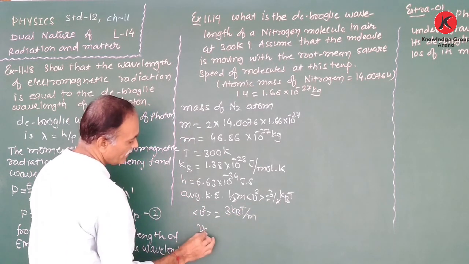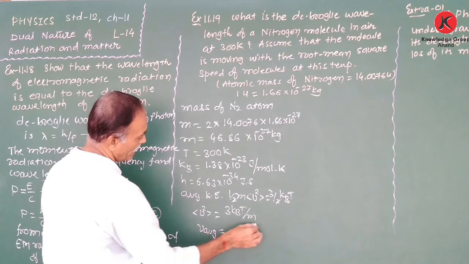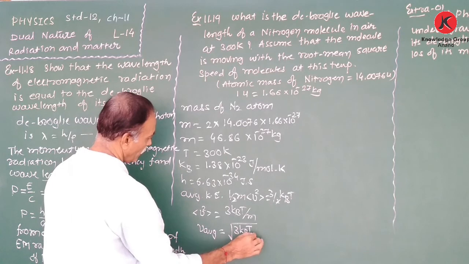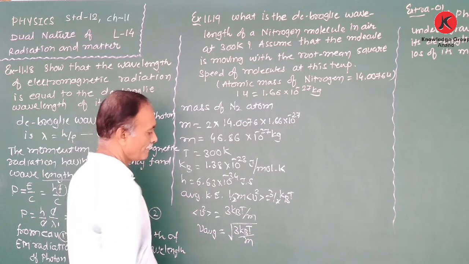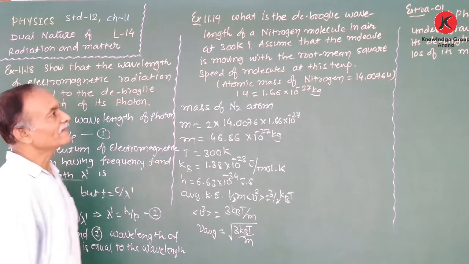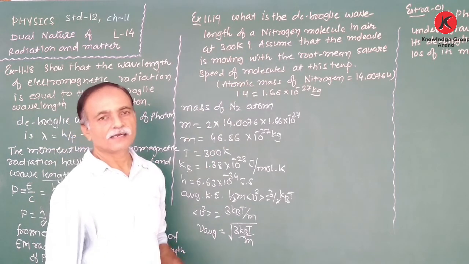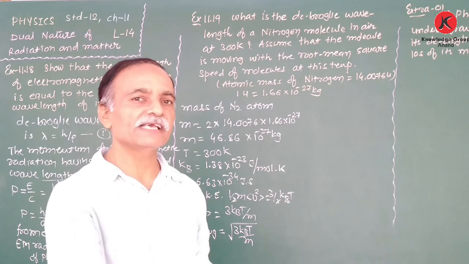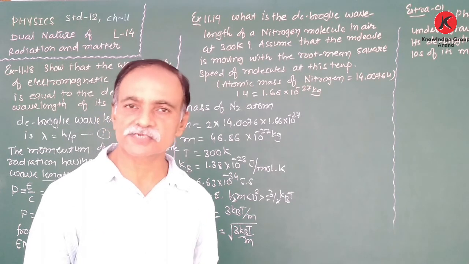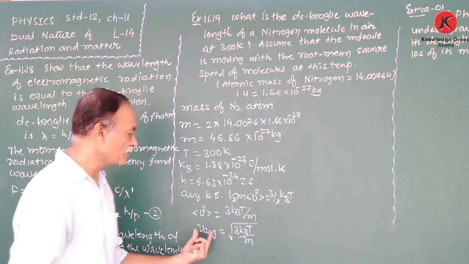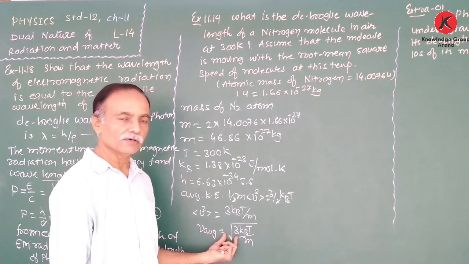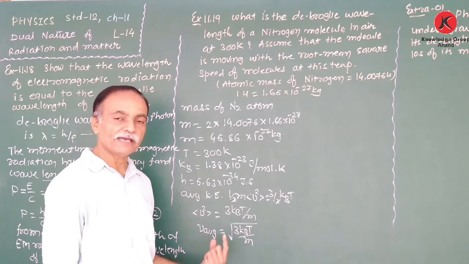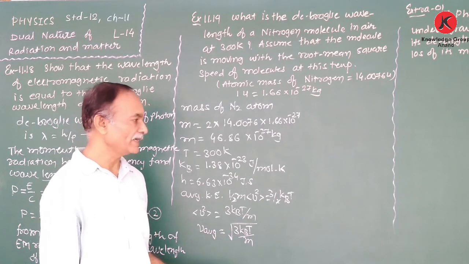Therefore, v average is equal to under root of 3 kB T upon m. We require the de Broglie wavelength. De Broglie wavelength lambda is equal to h upon p. That means we require the momentum of nitrogen atom. Here the speed we obtained, v average is equal to under root of 3 kB T upon m. Yes, we multiply both sides by m. So we obtain the momentum.